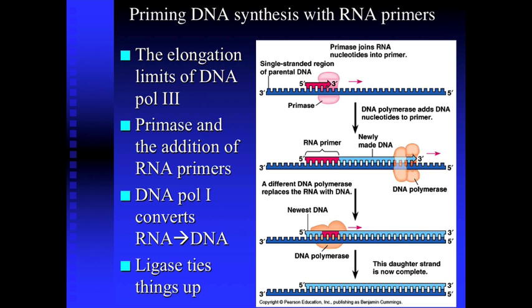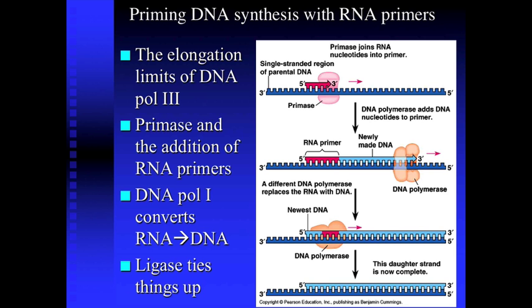On the lagging strand, I'm going to have to lay down, let's put some primers on the board here. Primase will lay down a primer made of RNA. And then DNA polymerase, specifically DNA polymerase 3, is going to work off of that primer and extend, forming our leading strand.